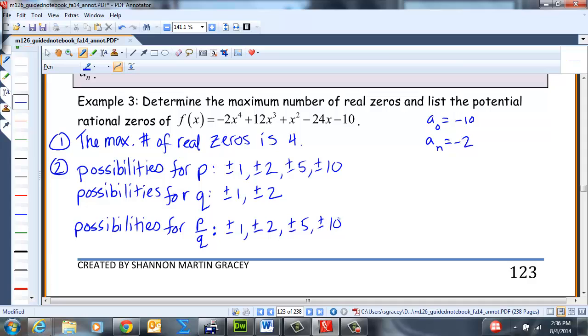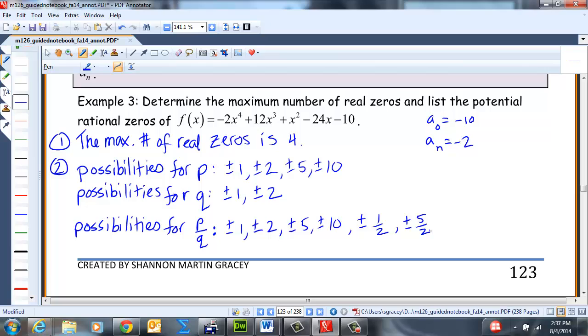Now if I divide all the possibilities for p by plus or minus 2 for q, I get a couple new ones. So plus or minus 1 over plus or minus 2 is plus or minus a half. Plus or minus 2 over plus or minus 2 gives me plus or minus 1, so I don't need to repeat that. But then 5, right, will give plus or minus 5 halves. And 10 is already covered because plus or minus 10 divided by plus or minus 2 is plus or minus 5, which we already have.